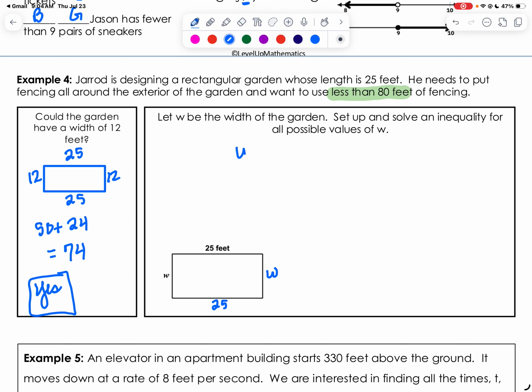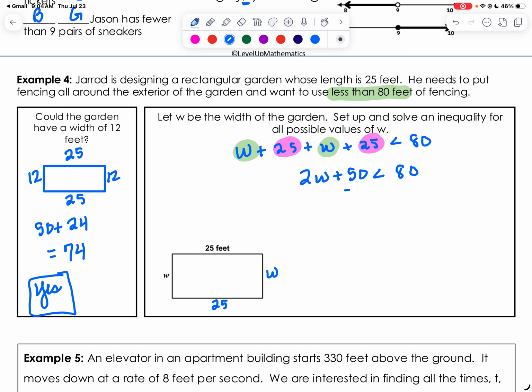So I'll say W plus 25 plus W plus 25, and we want it to be less than 80 feet. Now, if we combine like terms, we can combine the W's together and the 25s together. So 1W plus 1W would be 2W, and 25 plus 25 would be 50. And we want that to be less than 80.